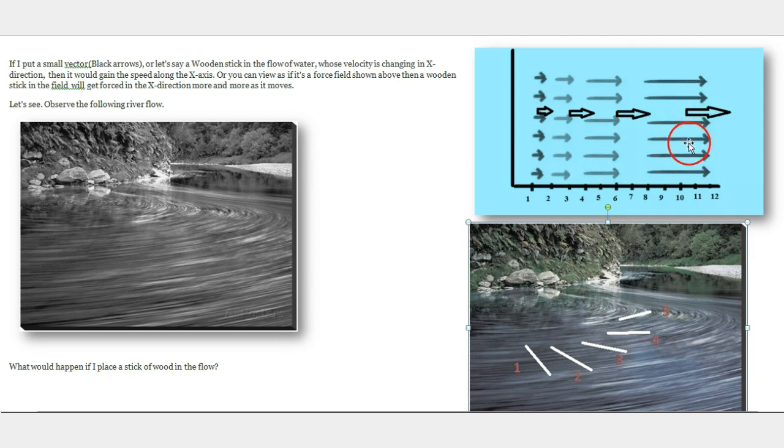So what happens if we put a small vector like a black arrow, or let us say a wooden stick, in the flow of water, and the velocity is changing in the x direction?